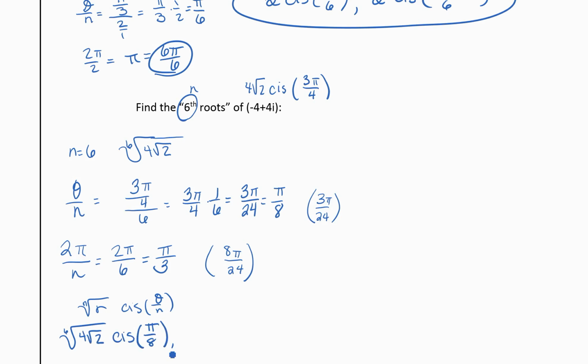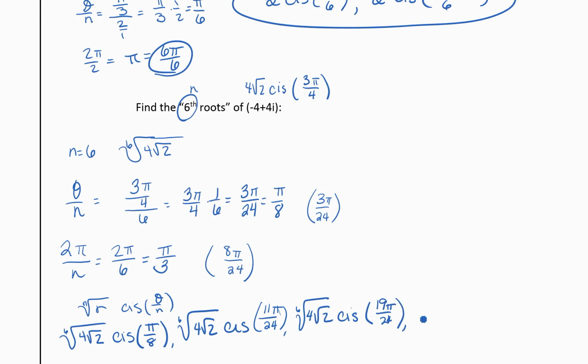Now our next one, we're always going to have this 6th root of 4 square root of 2 out in front, but we're going to have cis, and we're going to add the 8 pi over 24 to our 3 pi over 24. So that'll be 11 pi over 24. For the next one, we'll still have this out in front. We're going to add another 8 pi over 24 to what we had here, so it'll be 19 pi over 24.